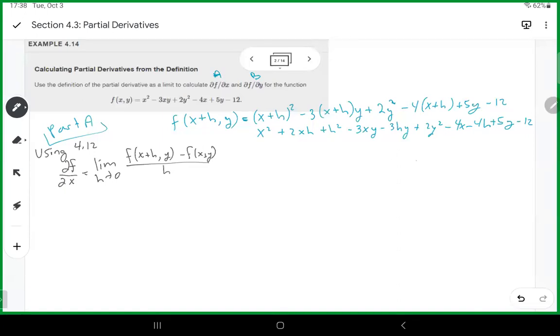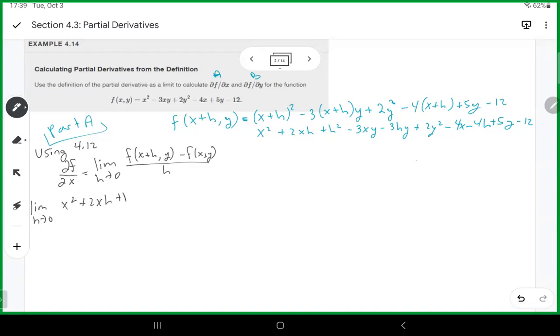Okay, now we've got to try to put all this in here. Okay, so x squared plus 2xh.